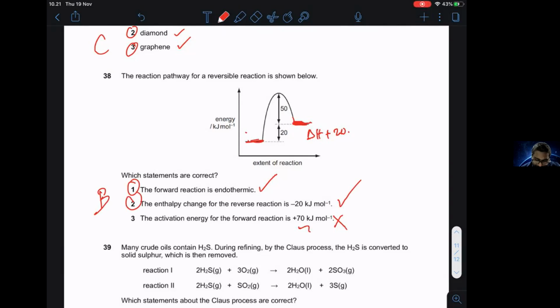Sorry, this one, activation energy, I'm wrong. Activation energy for the forward reaction is from the reactant all the way to the top. So 50 plus 20, 70. This is correct. So the answer is A.